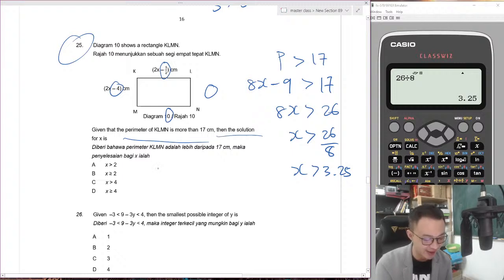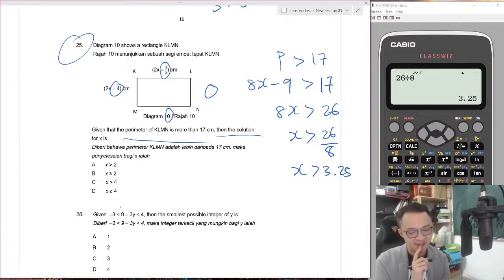Then the solution of x is, I don't know, x is bigger than. Am I making any mistake here? The answer is C, but for my understanding, if I say x is bigger, yeah, definitely.